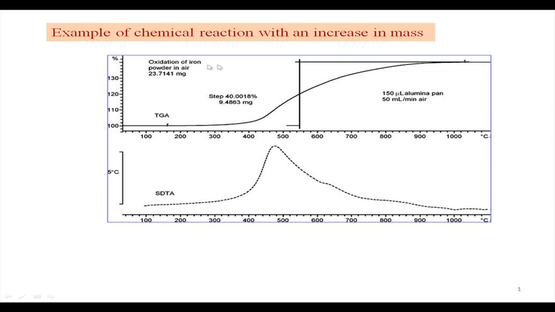This weight loss basically we are considering from almost this particular percentage, that means you have 100% of the sample. So, what weight have we taken? We have taken 23.7141 milligram. You see such a sensitive balance we use, so that we can take the weight up to the 4th place of decimal.